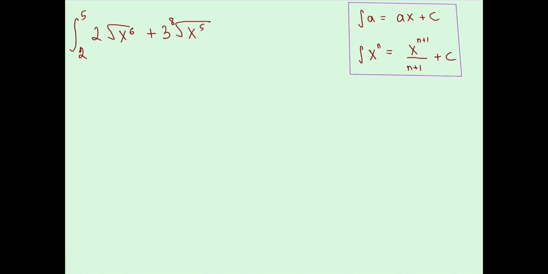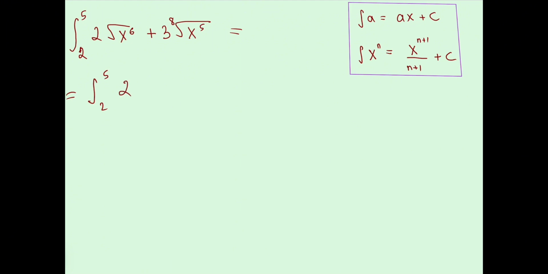In this next example, we're going to integrate 2 times the square root of x to the 6th power plus 3 times the 8th root of x to the 5th power over the region 2 to 5. Now, in order to integrate this, let's first rewrite it in a form that would be easier to integrate.